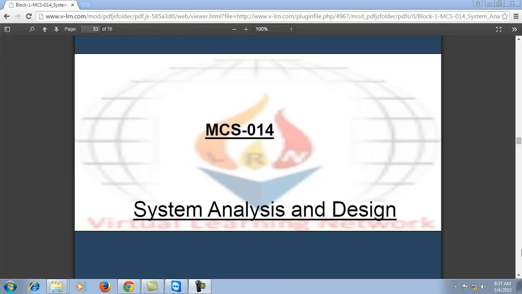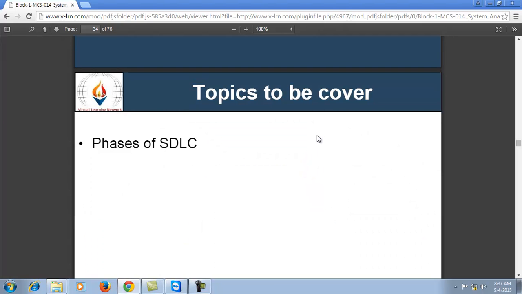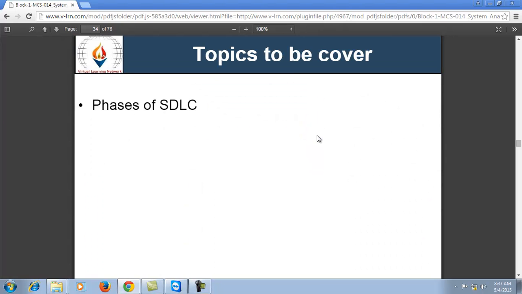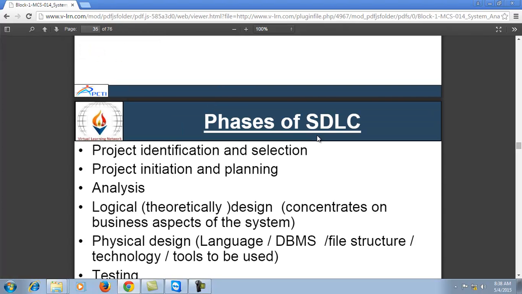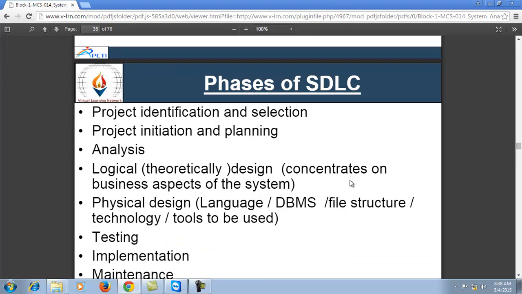In today's session we will cover System Development Life Cycle in detail. There are lots of phases in System Development Life Cycle, which is in short called SDLC. It has many phases like project identification and selection, project initiation and planning, analysis, logical design, physical design, testing, implementation, and finally maintenance.